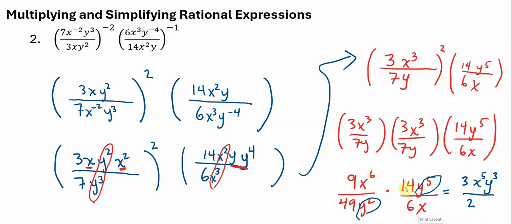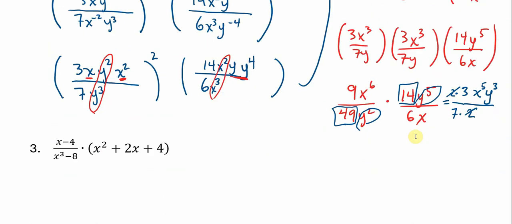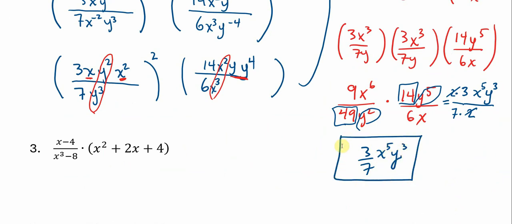Then the 14 and the 49, 7 goes into both of them. So you're going to have 2 on the top and 7 on the bottom. And then once again, this 2 and that 2 cancel. Now we have a relatively clean expression. It's 3/7 x to the fifth y to the third as our final answer.